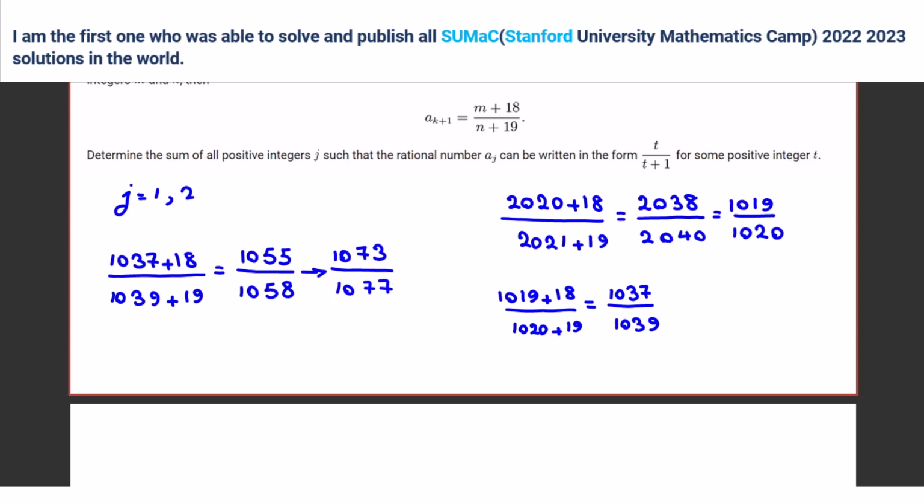They are not even. So the next fraction: plus 18 gives 1091, and plus 19 gives 1096. The difference is 5. They should be multiples of 5, but they are not.